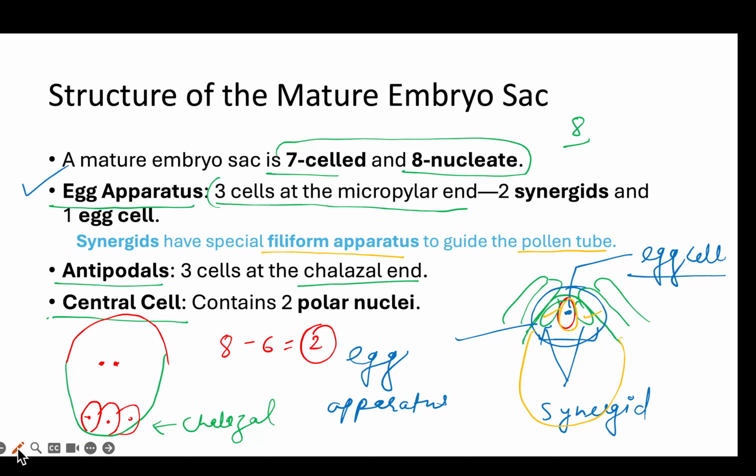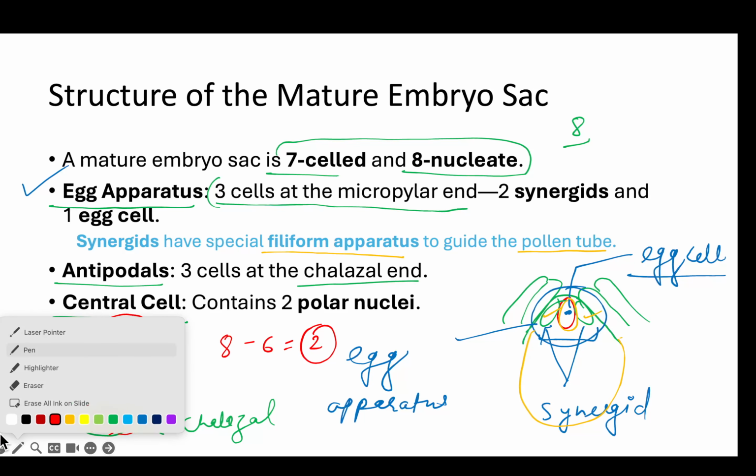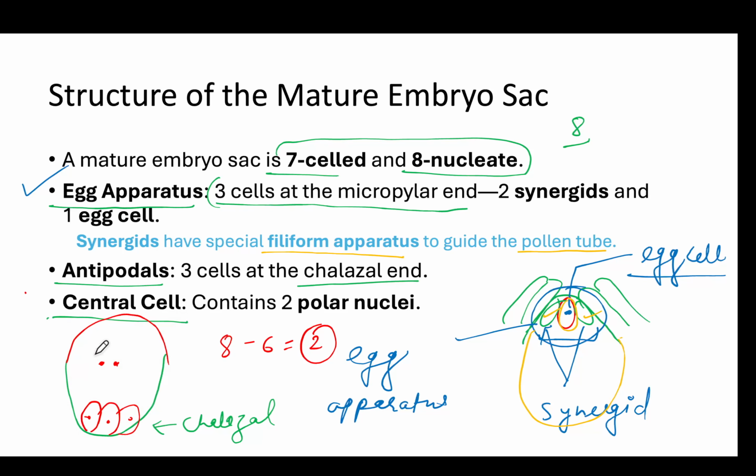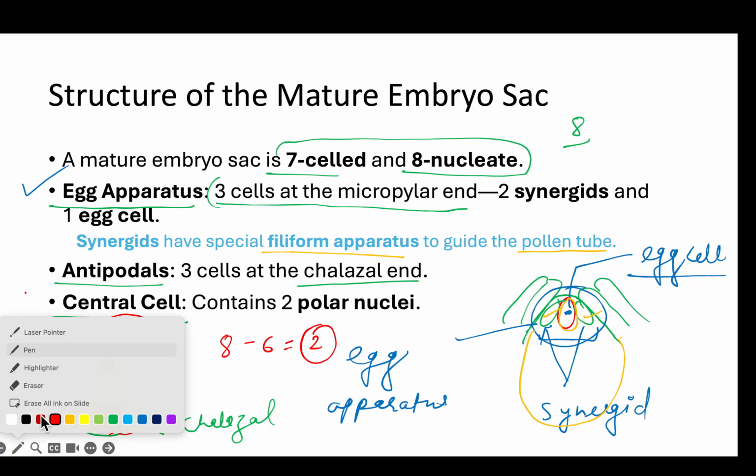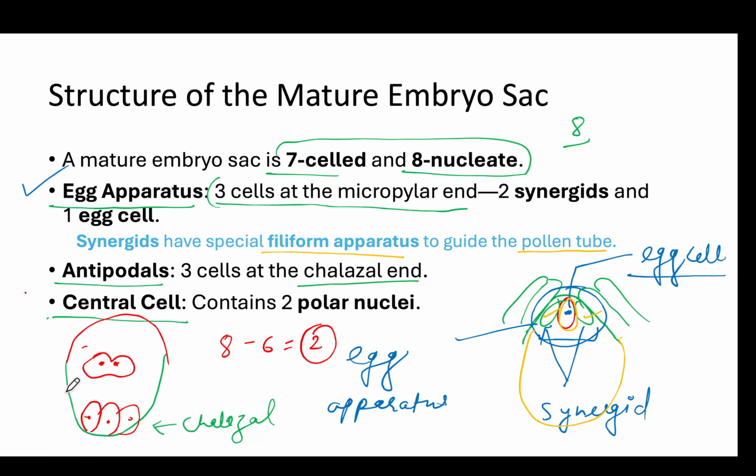But I'll tell you one thing about these 2 cells: there is no cell wall formation between them, so they are present freely as they are at the center. So what do we call them? They are polar nuclei. More than one nucleus in a cell, so we call it polar nuclei.